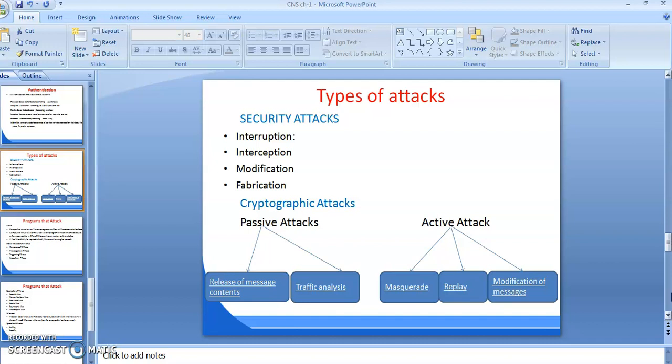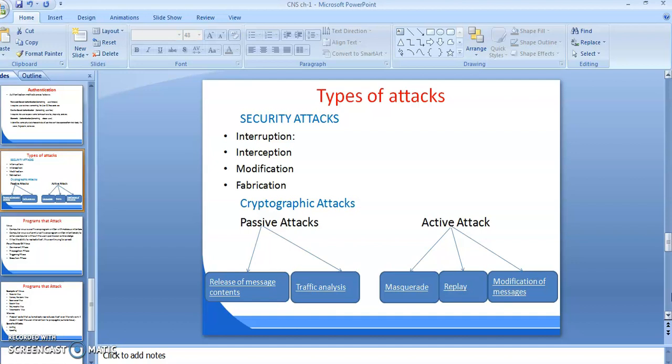User C could capture this message and send a second copy of the same to bank B. So bank B would have no idea that this is an unauthorized message. It would treat this as a second and different funds transfer request from user A. Therefore, user C would get the benefit of the fund transfer twice, one authorized and one through a replay attack. So that is known as the replay.